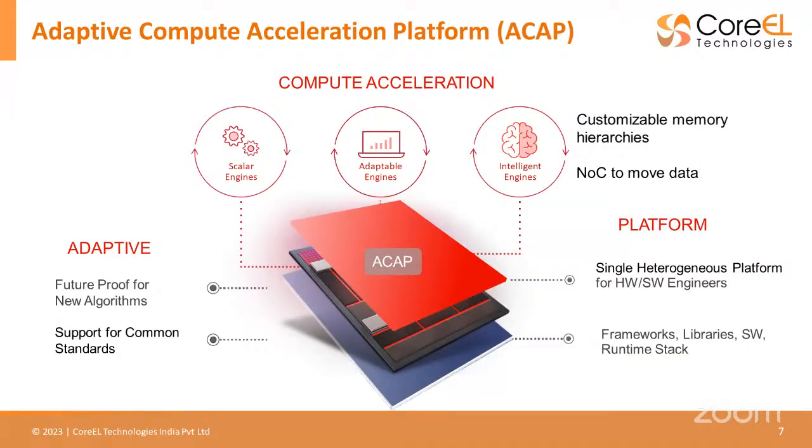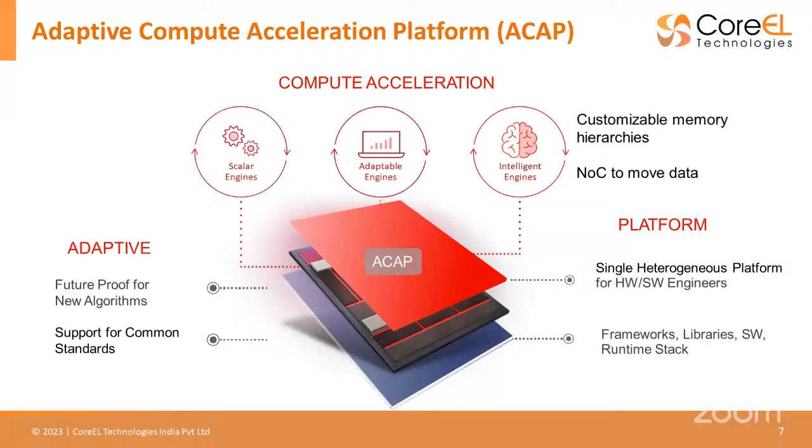Let's start off with the scalar engines. Scalar engines are nothing but your processors, your management tiles, and your overall controllers, right? And then you have your adaptable engines, that is going to be your FPGA and your logic resources, where you can change the way these individual components work, right?